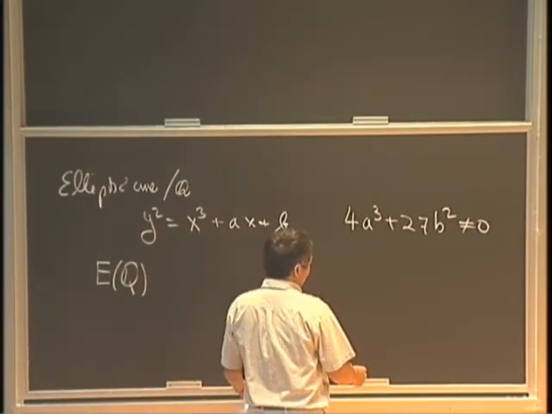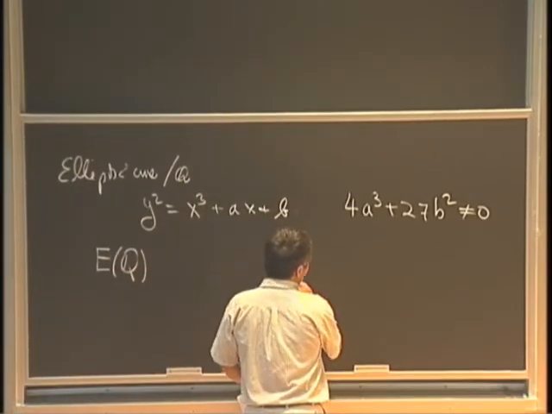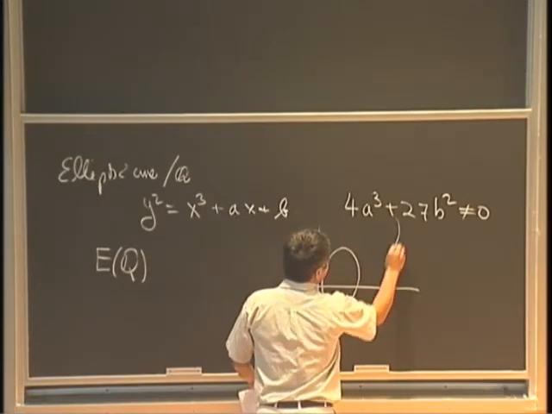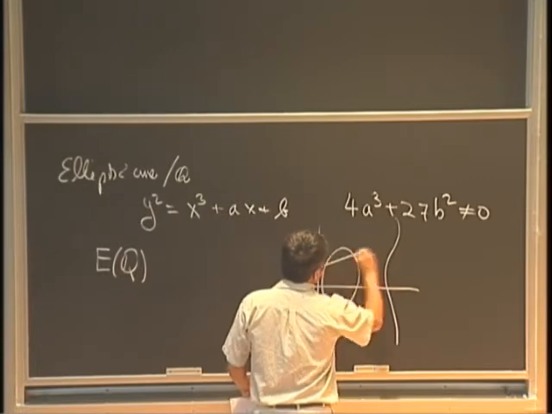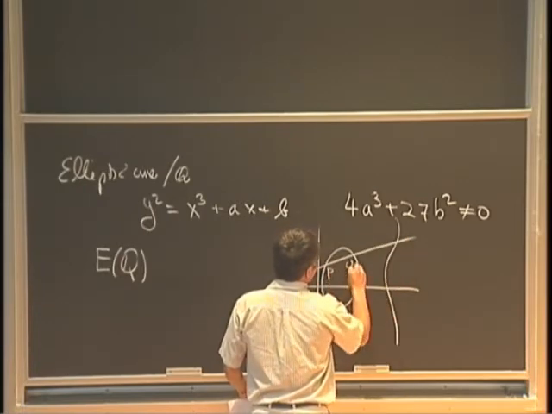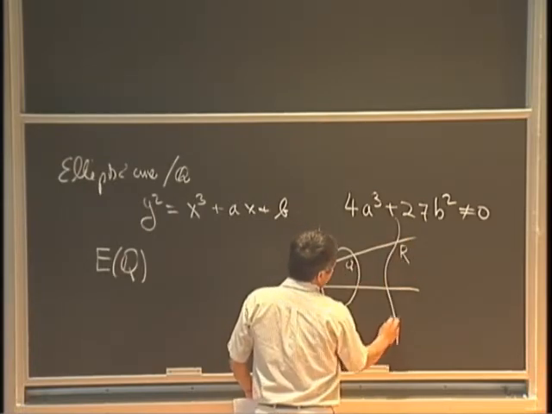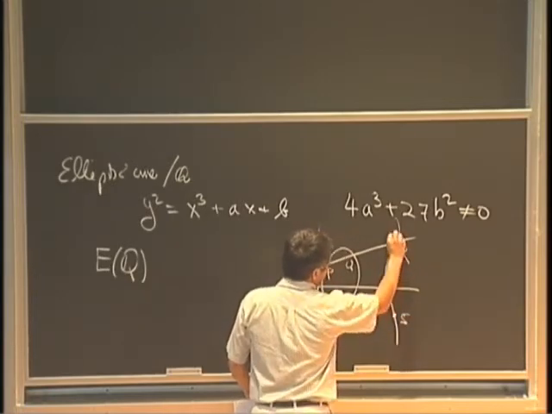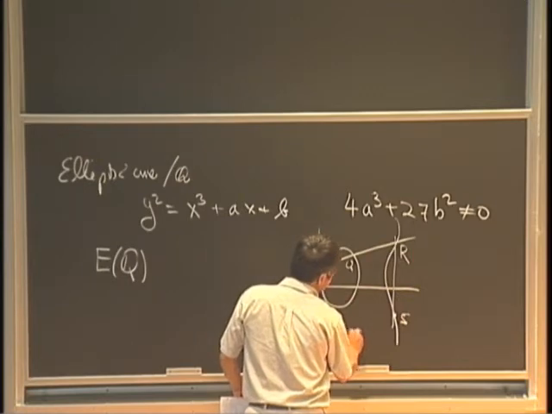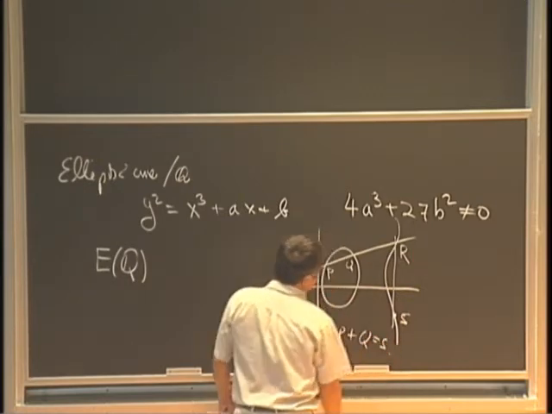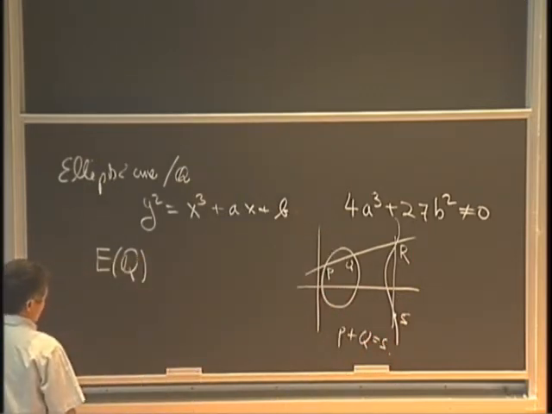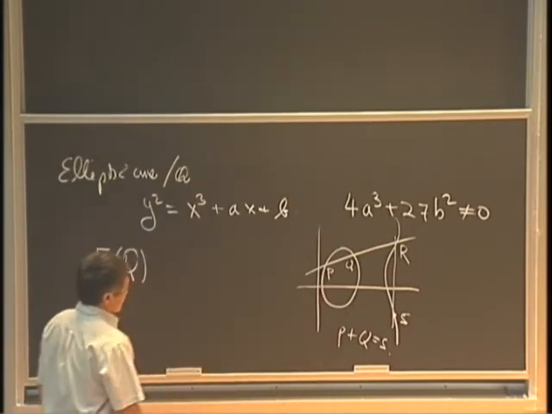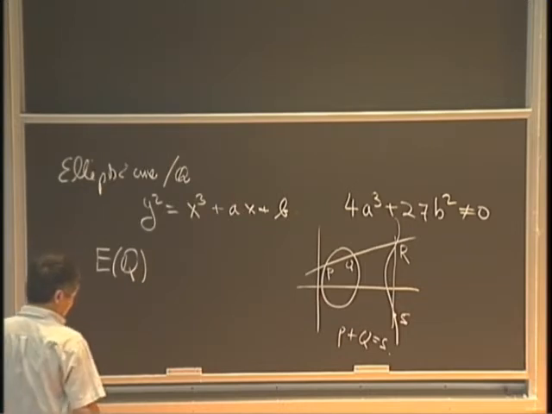As usual, in any first book on elliptic curves, you will have the group law defined by lines. You have P, Q, R, so you get this S here: P plus Q equals S. It was noticed by Poincaré that if P and Q both are rational, the sum will be rational, so this will become a group.